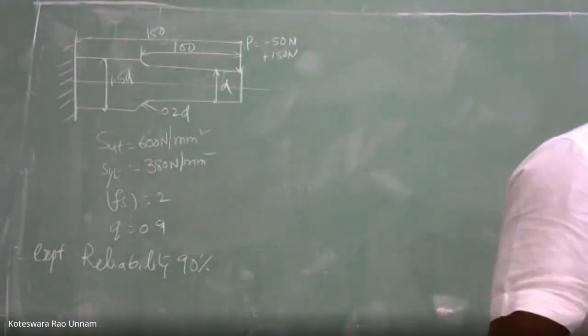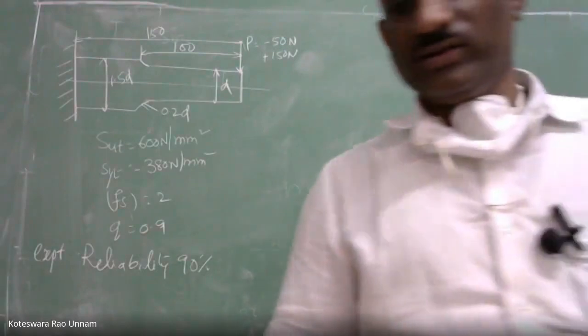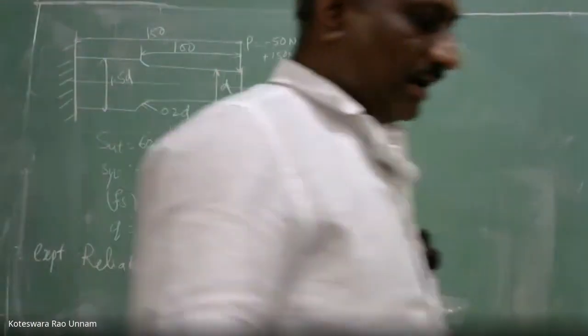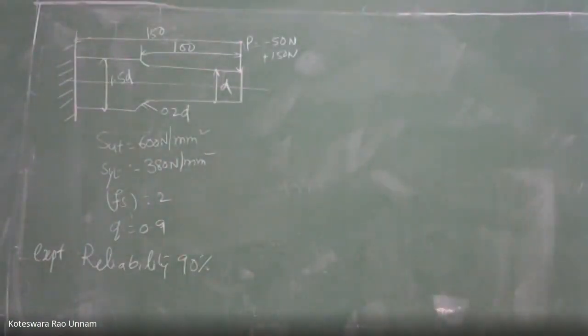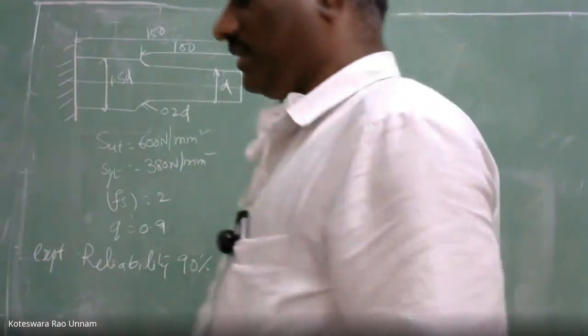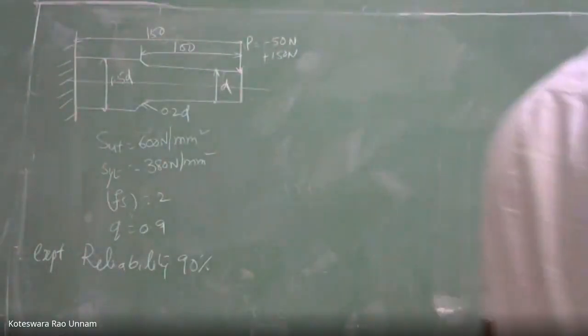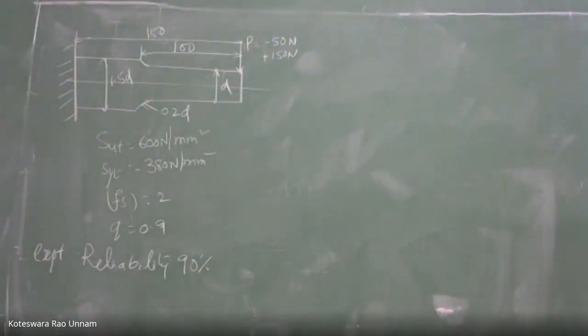Out of all those criteria, we need to use Goodman's criteria, which is less complicated and also less conservative and somewhat accurate method when compared to Soderberg and Gerber's method. So that's why we'll use that.